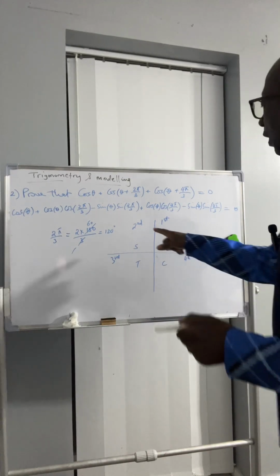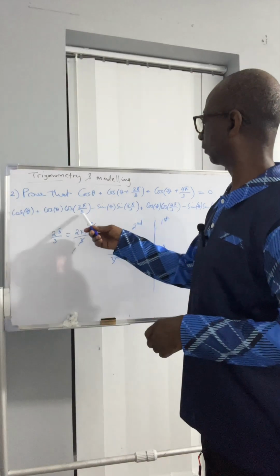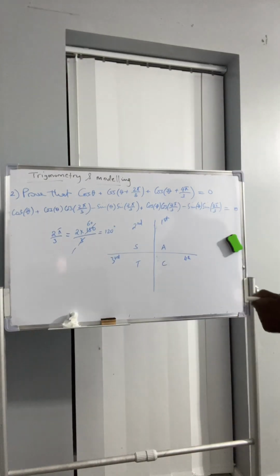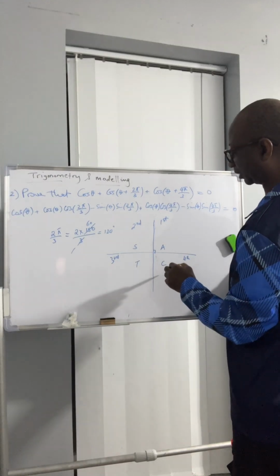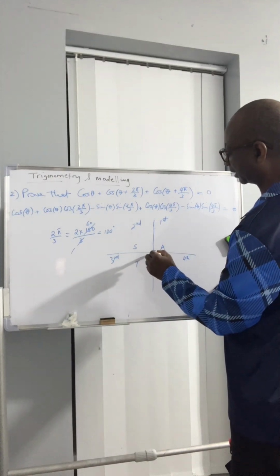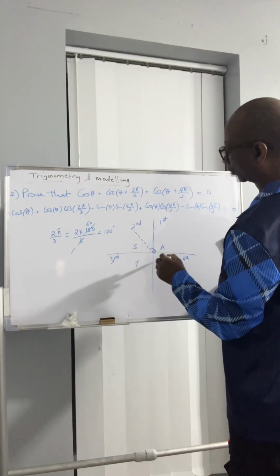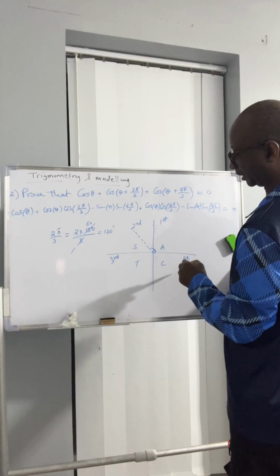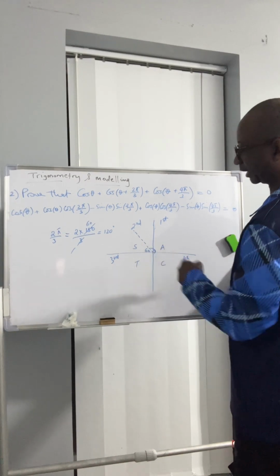So now you have 120 degrees. We are looking for the cosine of 120 degrees. So we'll start from here. From here to here is 90 degrees. So 120 degrees falls here, and what is left for you is 60 to make it 180.